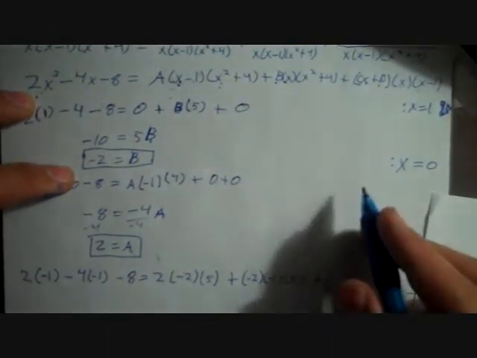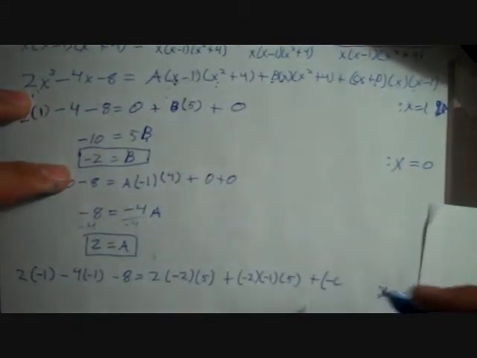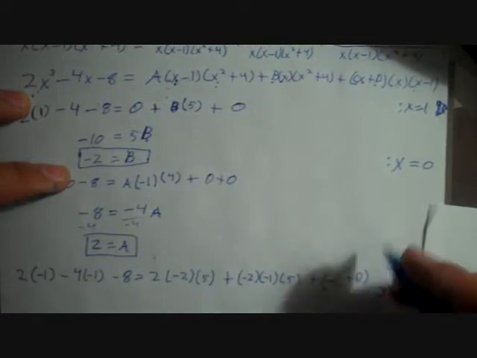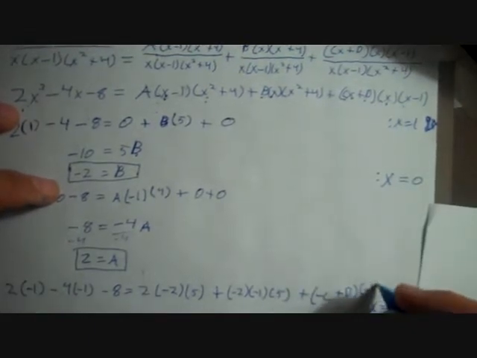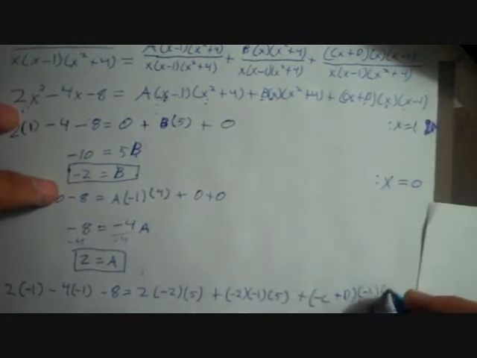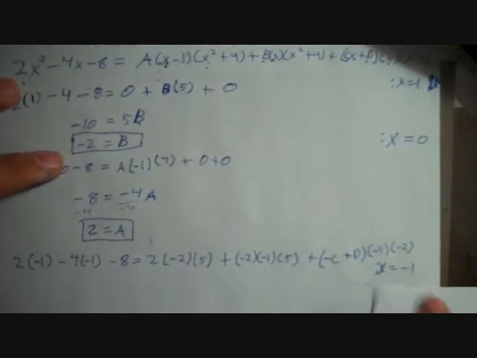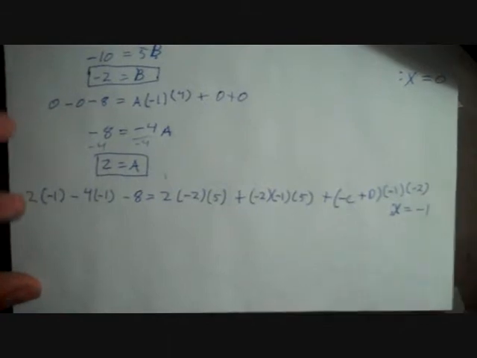And then finally we're going to add this to c times -1, well, that's -c, plus d, and this is all times x, which is -1, times -1 minus 1, so that's -2. Okay? So this is all where x equals -1.